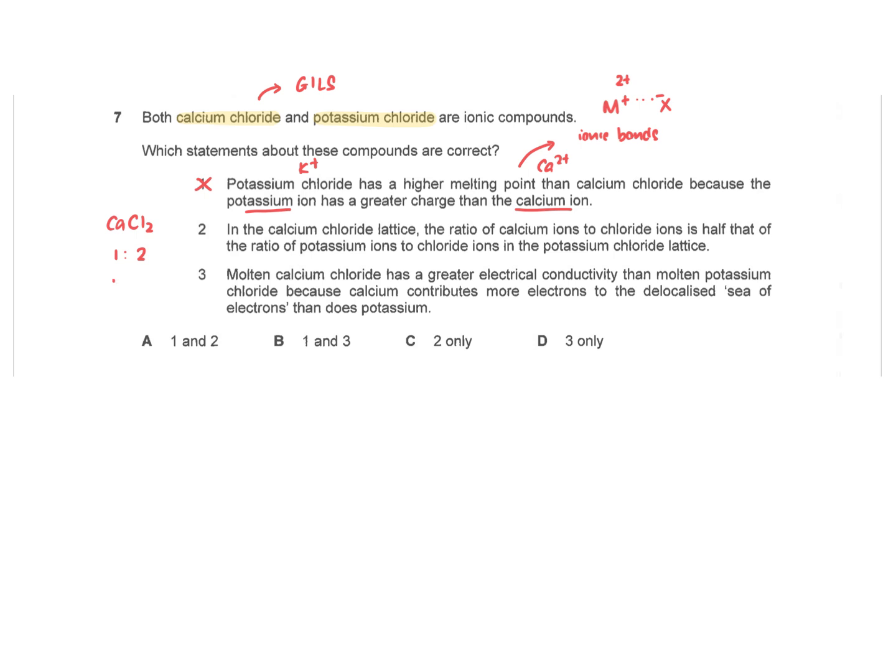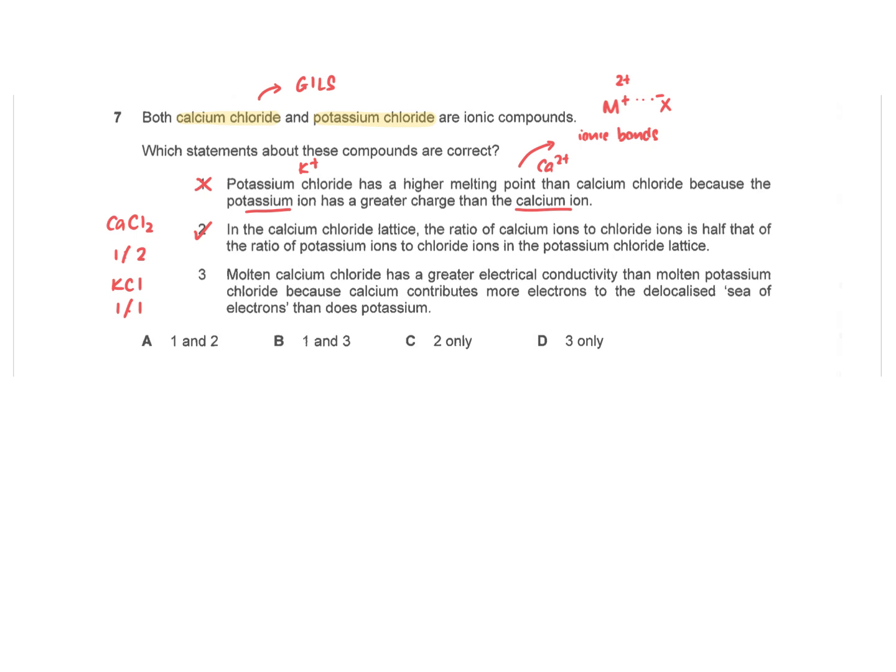Whereas for potassium chloride, each cation is paired with 1 chloride. So indeed, the ratio is half of that of potassium chloride. So 2 is correct.